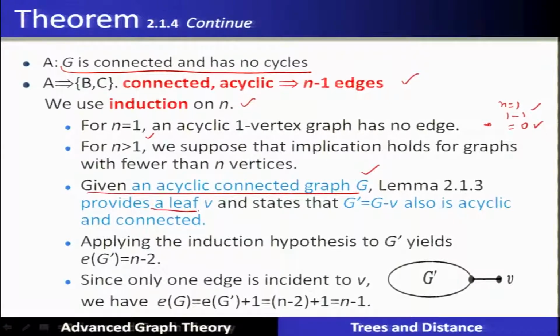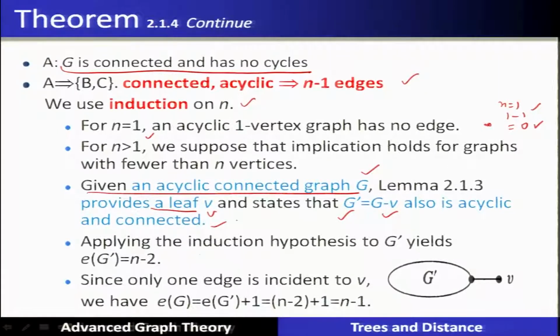Why? Because every connected acyclic graph G, that is a tree, has at least 2 nodes with degree 1. So let us assume a leaf node in this graph, and that lemma states that if we remove it, the resulting graph G prime is also acyclic and connected.